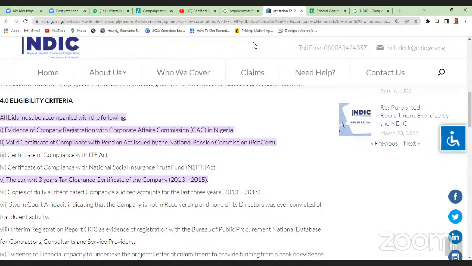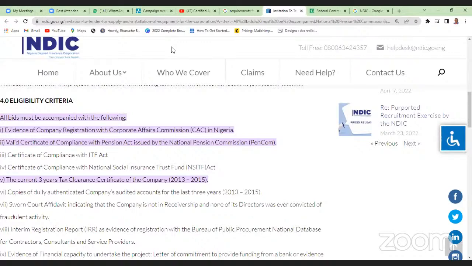And you keep seeing different dimensions of requirements, just to make sure that at the end of the day, what you're giving is not just a paper, you're giving value. And government is also doing the same thing. So it is important that all of us follow these due processes.